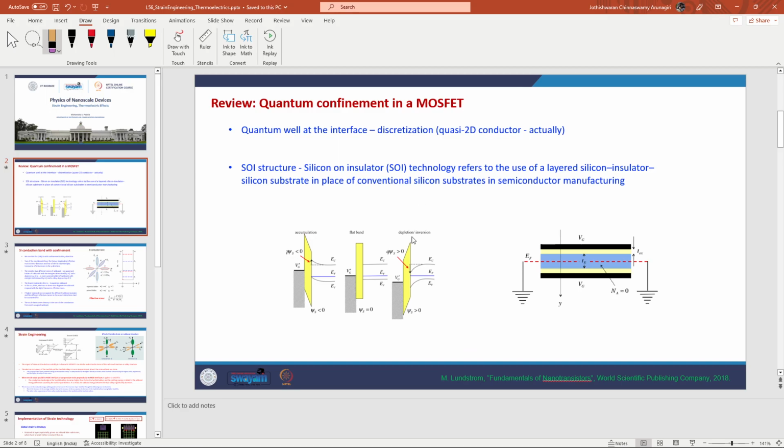I hope by now you are familiar with the notion of strain engineering and the idea of leveraging quantum confinement in order to enhance the mobility of electrons in a semiconductor.